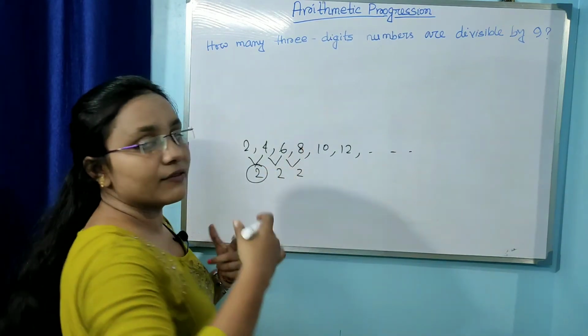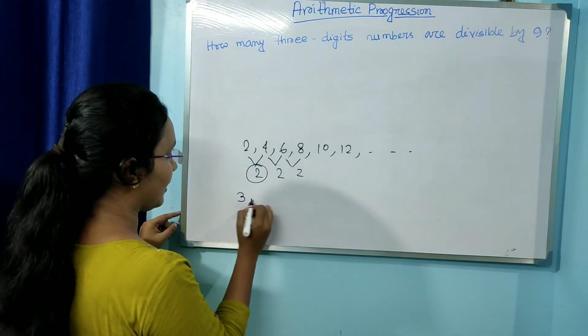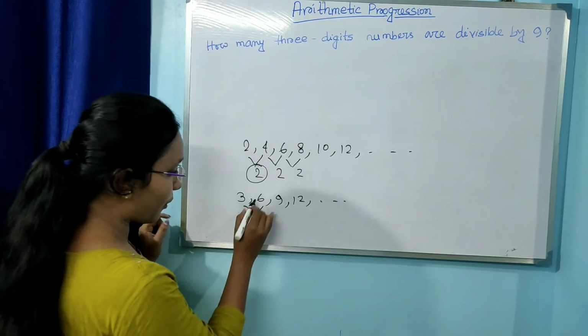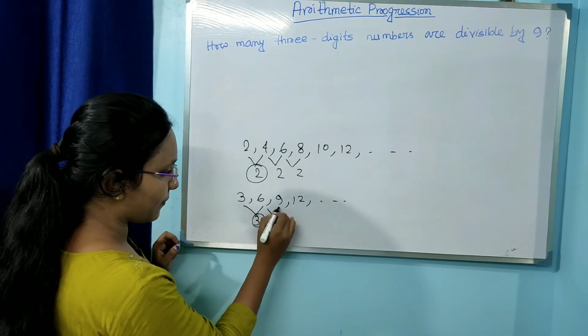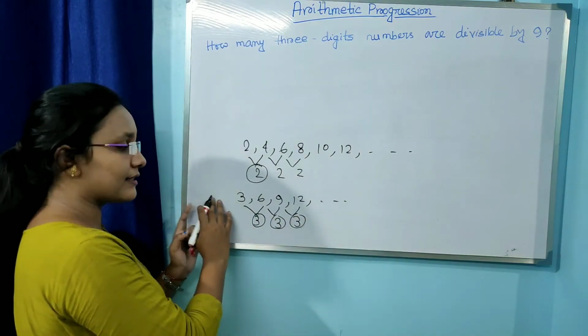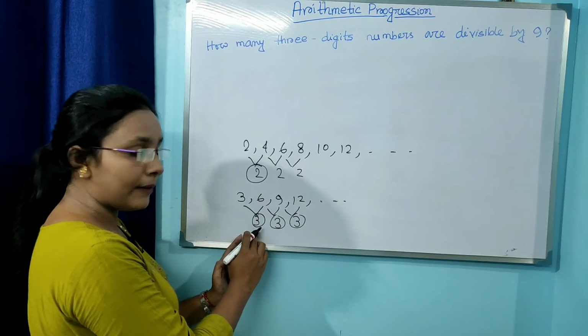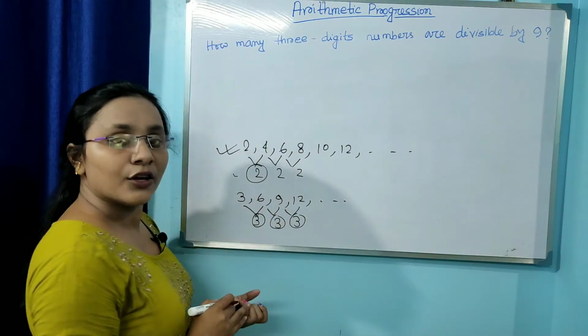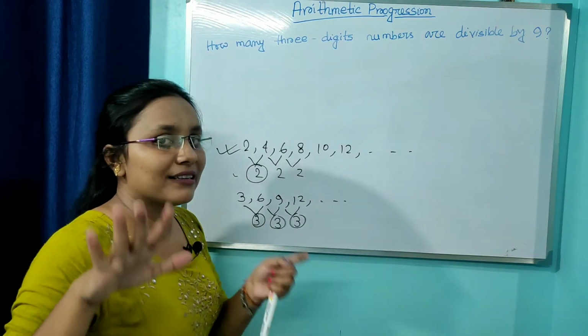Now for divisible by 3, it will be 3, 6, 9, 12. So here also common difference is 3. So for divisible by 3, this is an AP and common difference is 3. For divisible by 2, this is an AP and the common difference is 2. Okay, so just remember this logic.